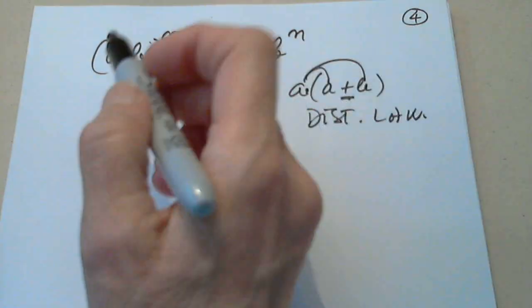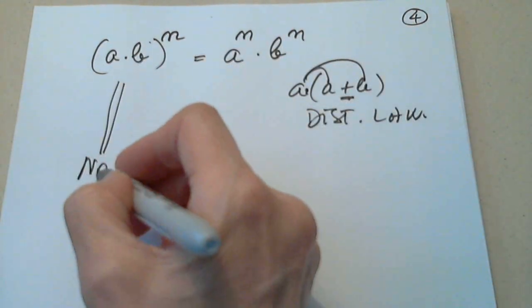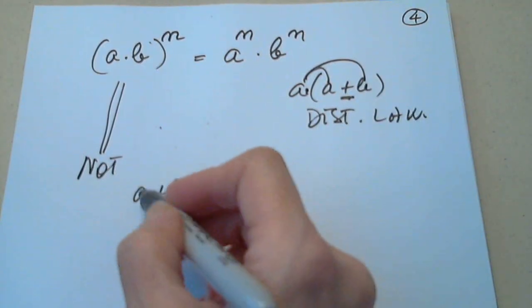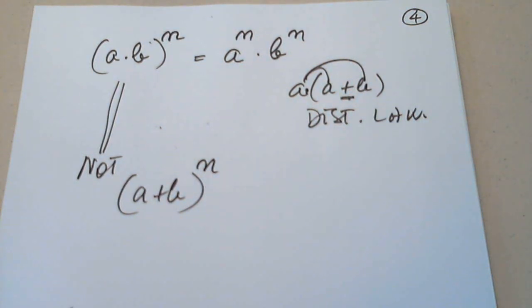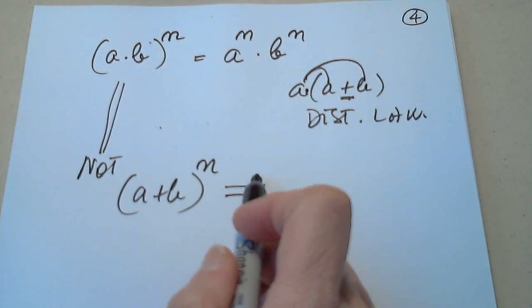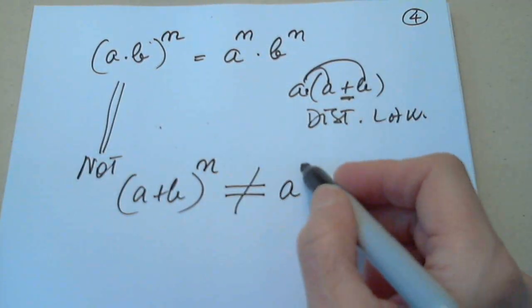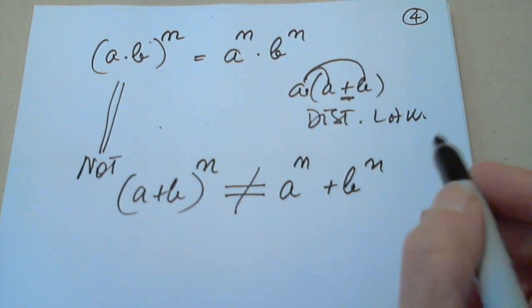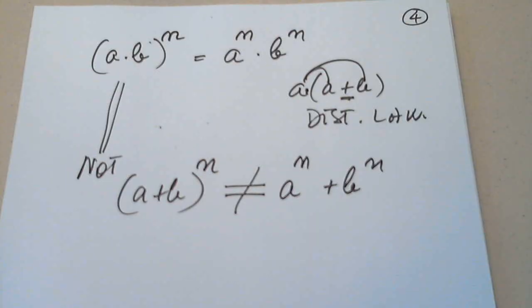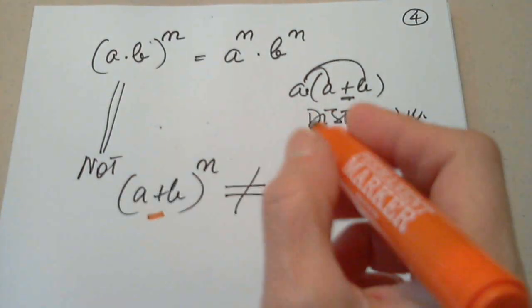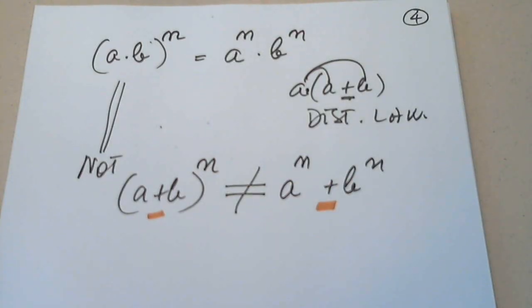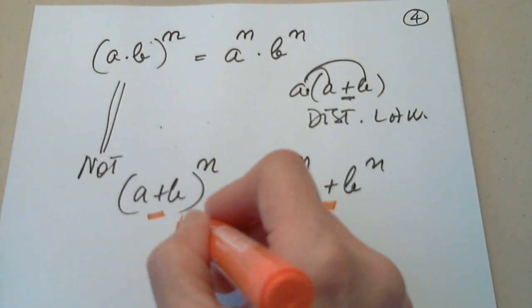Please understand that this is not a plus b to the nth power. This will be an absolute terrible mistake to write a to the nth plus b to the nth. And if I have minus, the same thing, a terrible error. Never.